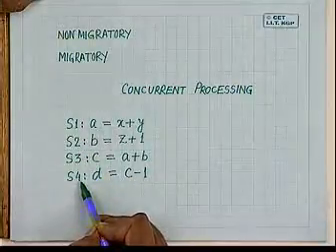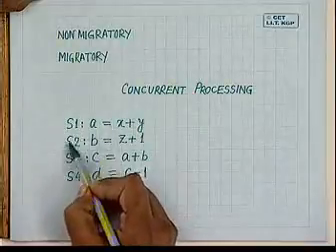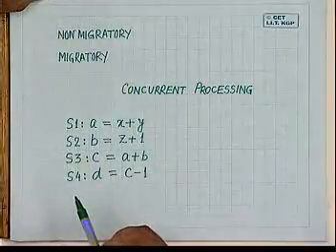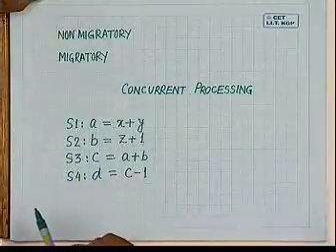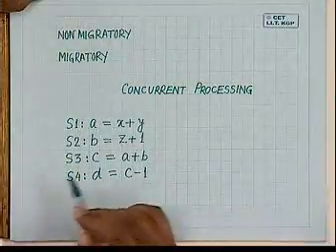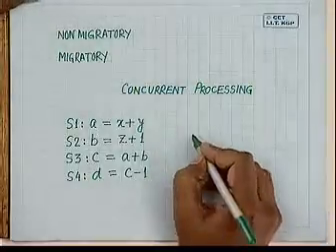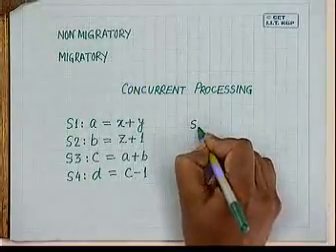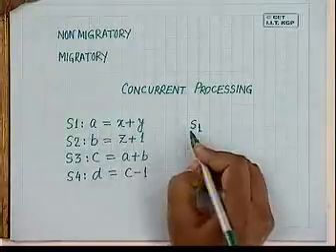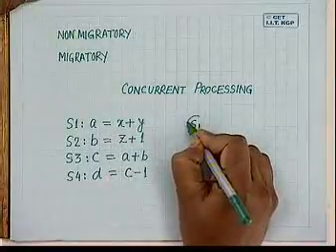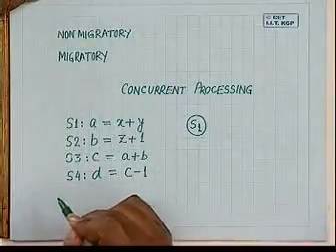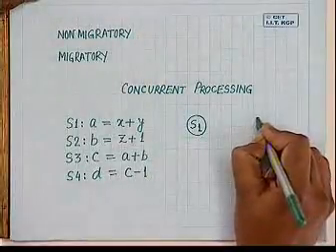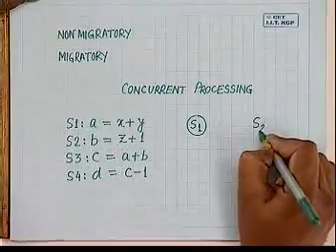Similarly, S4 cannot be computed concurrently with any of them. So that tells me an order in which these statements are to be computed. I can compute S1 anytime, so I represent this graphically where S1 is a node. I can compute S2 concurrently with S1.